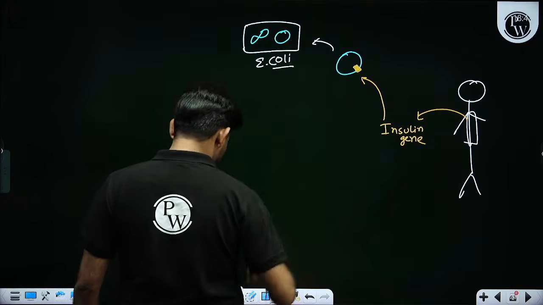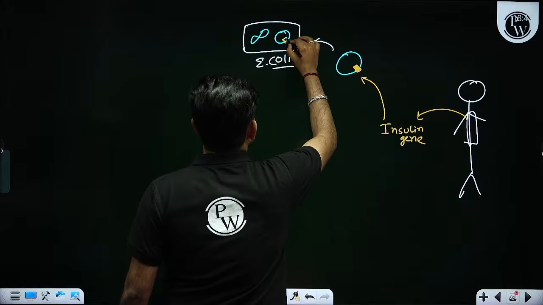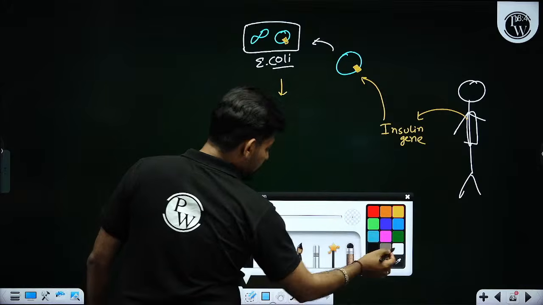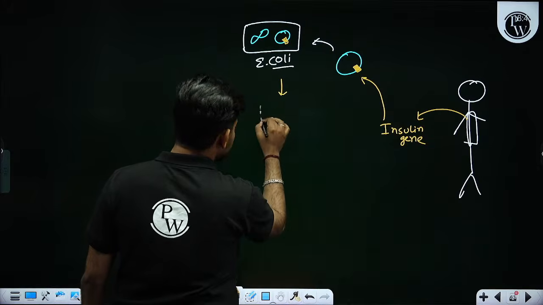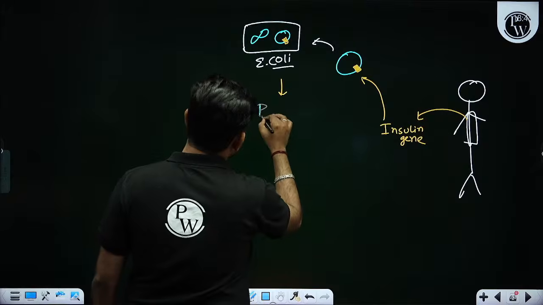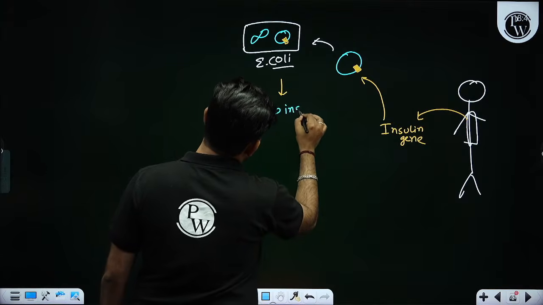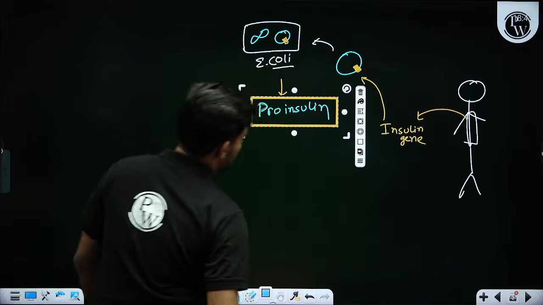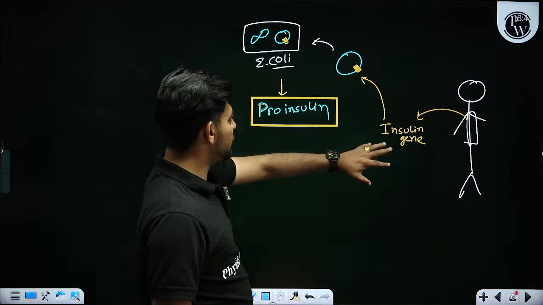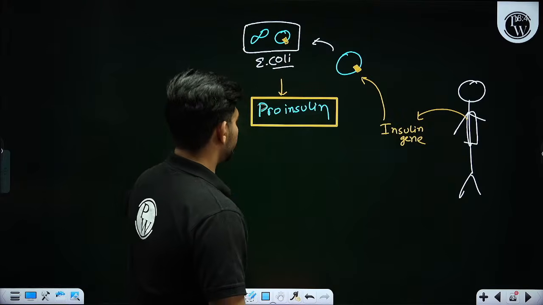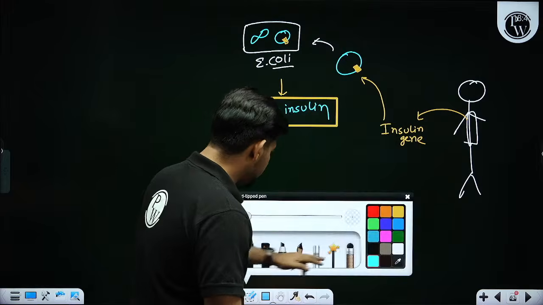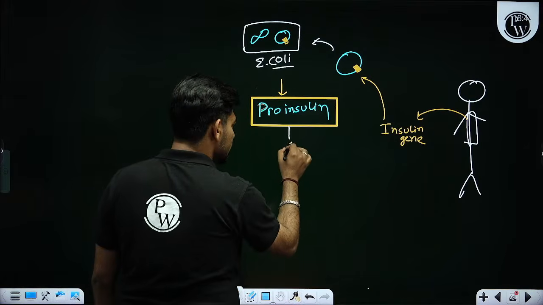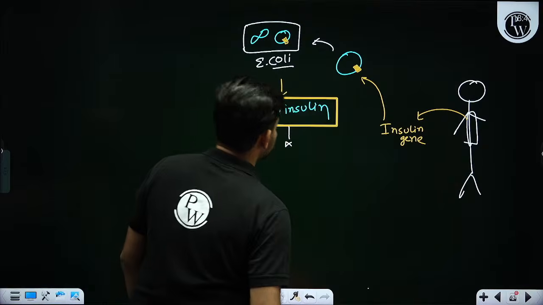Simply, the gene will survive inside the E. coli, and the E. coli will produce insulin, but the inactive form, that is called proinsulin, which is non-functional in nature. So if you perform the normal rDNA technology, there is no method known to us by which you can convert this proinsulin into functional or matured insulin.